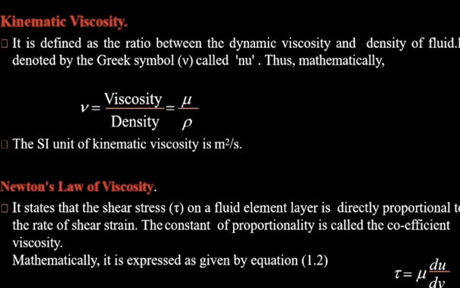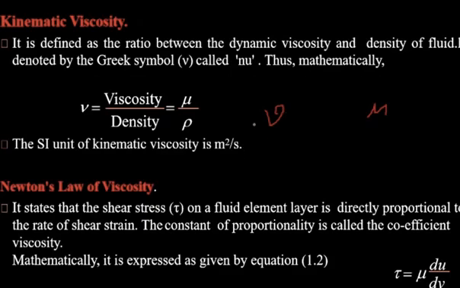Next we'll go for kinematic viscosity. So what is this kinematic viscosity? It is defined as the ratio between dynamic viscosity and density of fluid. It is denoted by the Greek symbol nu. So mu is dynamic viscosity or simply viscosity, and this nu is called kinematic viscosity.